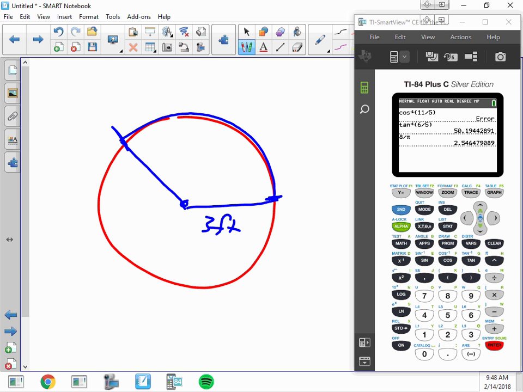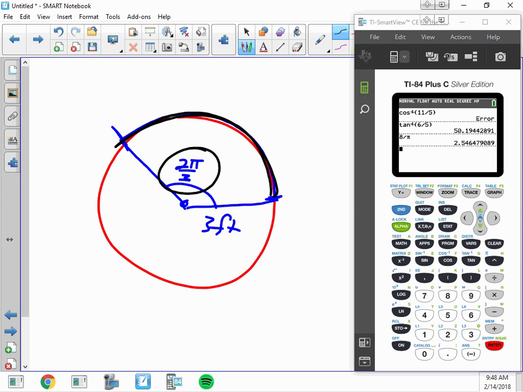And then I need to know the angle. Well, let's say that this angle is 2 pi over 3. Well, that means that this distance here is 2 pi over 3 radiuses. Right?